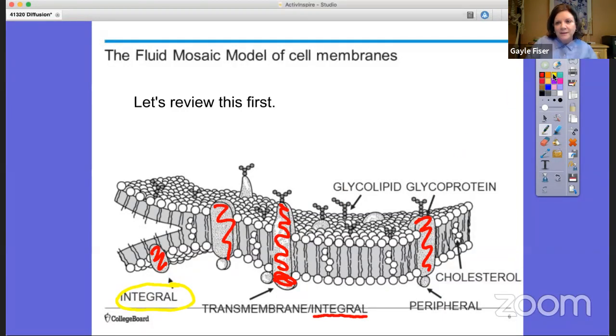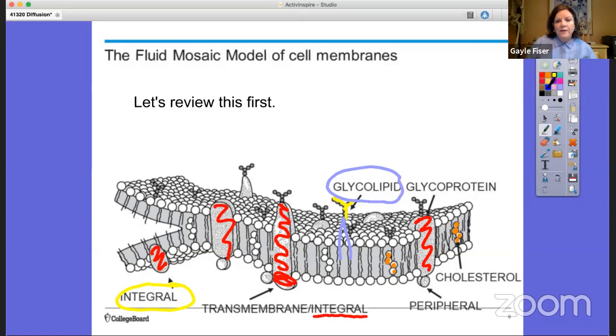Let's go ahead and talk about some other things while we're here. Let's do cholesterol. Here we have our four fused rings. There's our cholesterol molecules. And then we have our carbohydrate chains. This particular one is a glycolipid, so that's the glyco part, the carbohydrate part, and it's tethered to a lipid within the cell membrane, so that's a glycolipid.